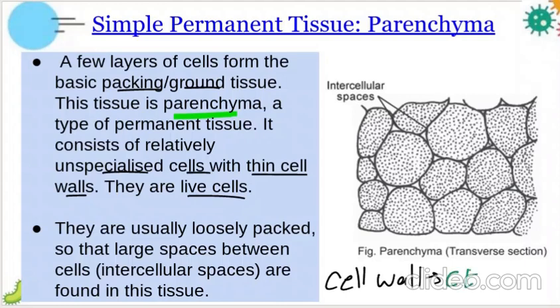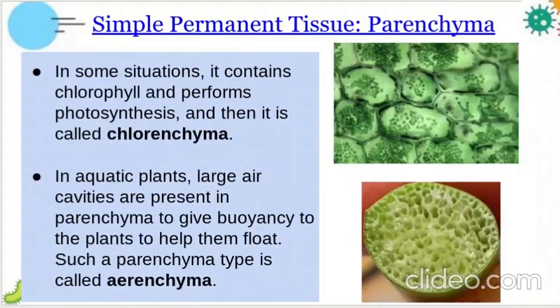It's very important, it's made up of cellulose. Next, they are usually loosely packed so that large spaces between them, means intercellular spaces, are found. That's why they have air spaces between them, they're loosely packed.